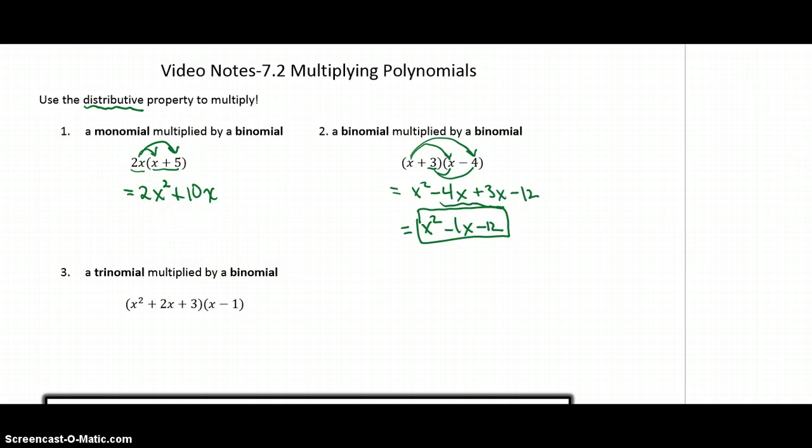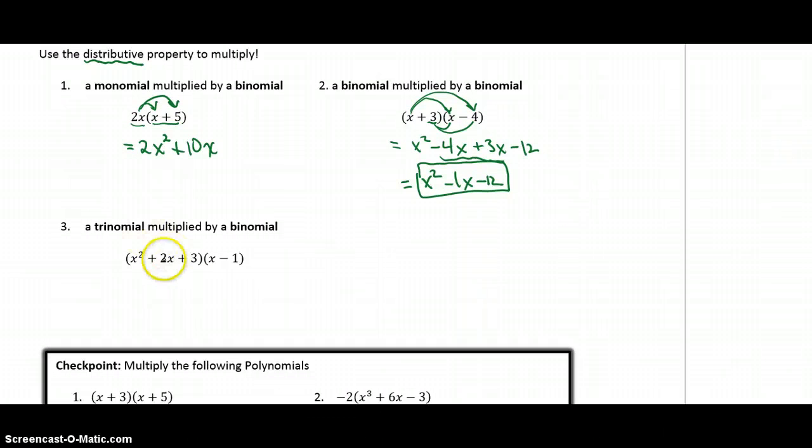For number 3, we'll do the same thing. This time we have a trinomial and a binomial. So we're going to multiply everything in the second parentheses by x squared. X squared times yet another x would be x to the third this time. X squared times negative 1 is negative 1x squared. You don't need the 1, but if you'd like to put it there, that's fine.